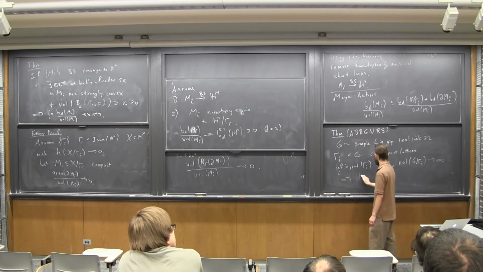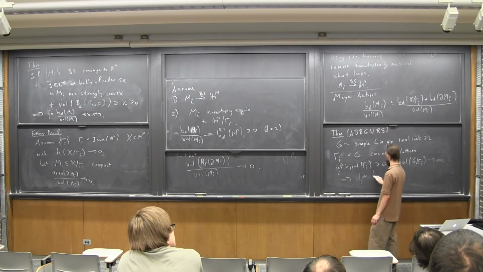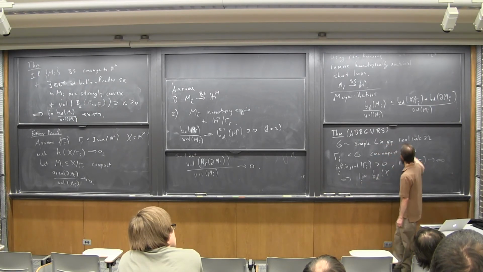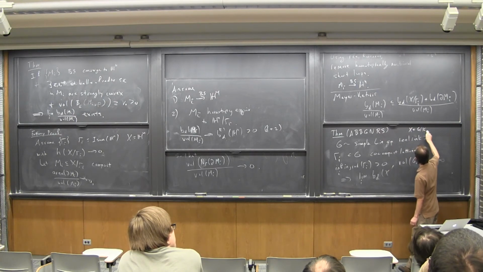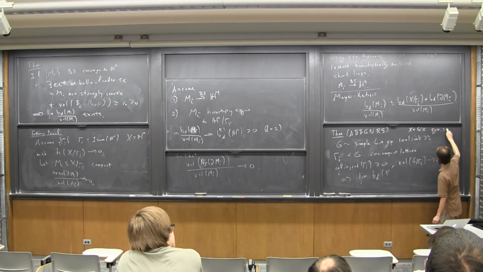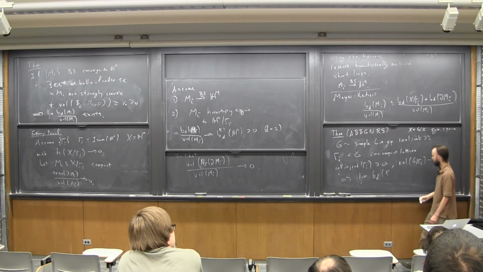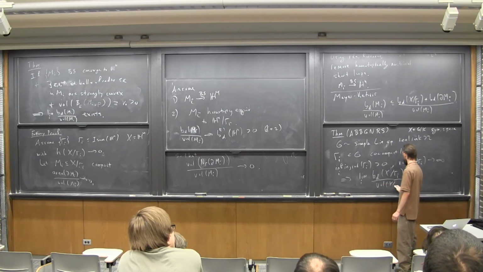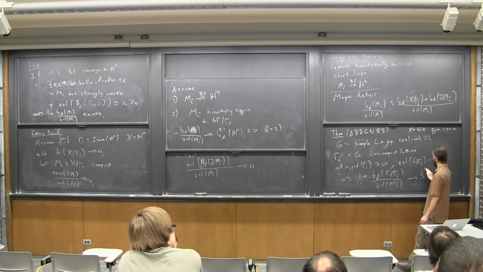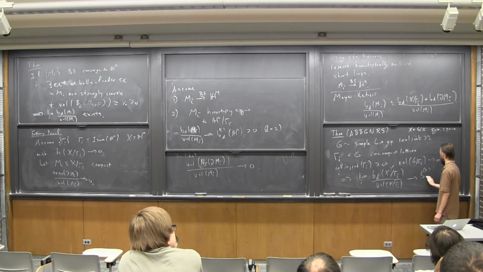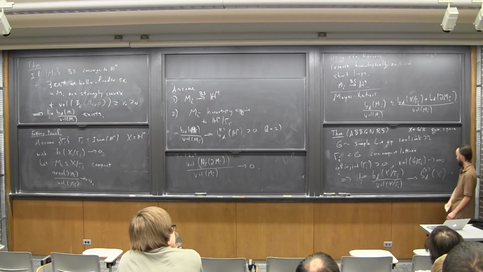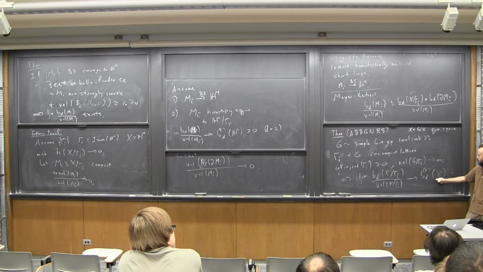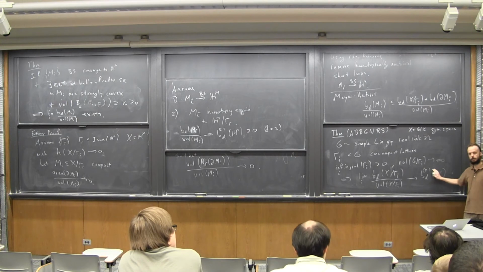What we end up with is that the limit of the Betti numbers, where X here is just the symmetric space associated with G, of the quotients normalized by volume, converge to the L2 Betti numbers of X. So for example, when G is SL_n(R), where n is at least 3, these all vanish.